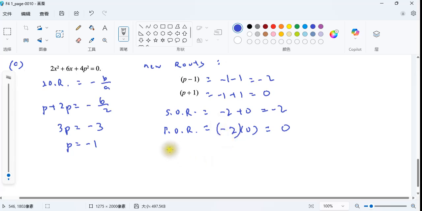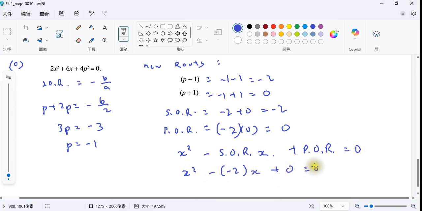Okay, so the equation is x squared minus (sum of roots) x plus (product of roots) equal to 0. So x squared minus negative 2x plus 0 equal to 0. So we have x squared plus 2x equal to 0 as the equation.